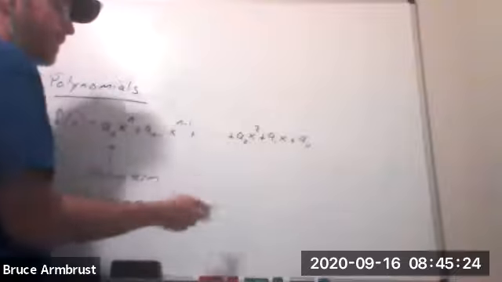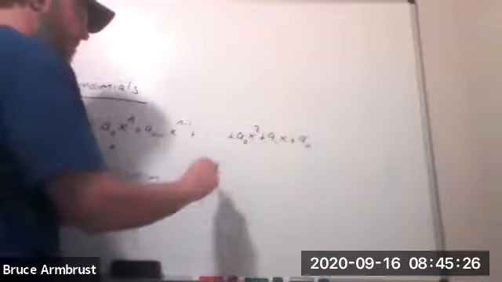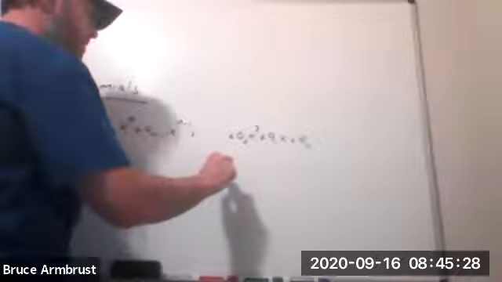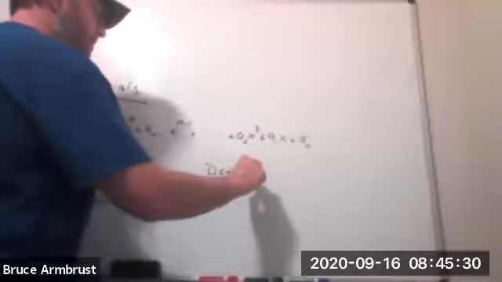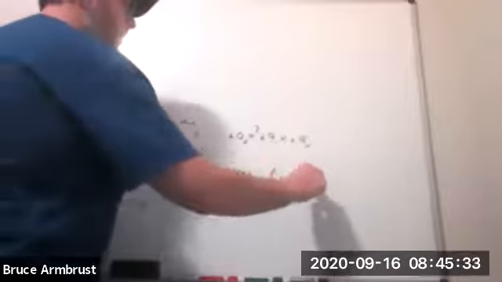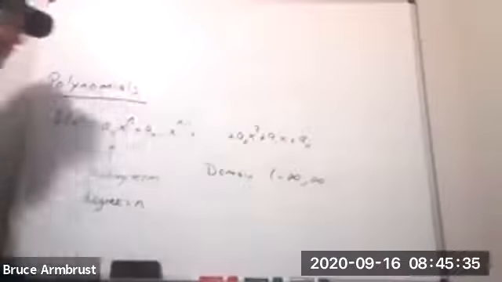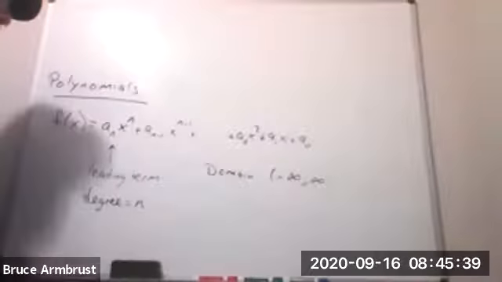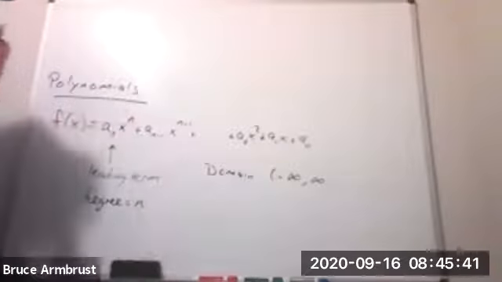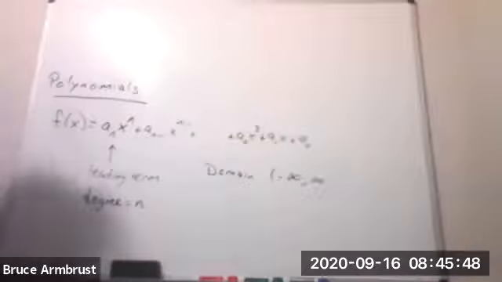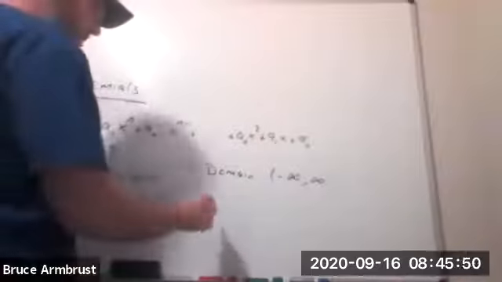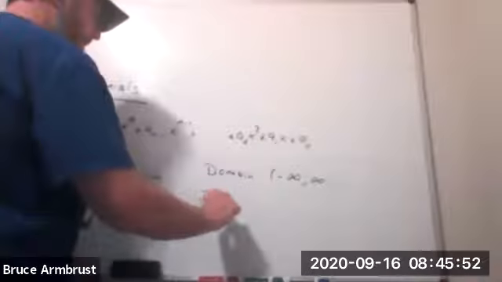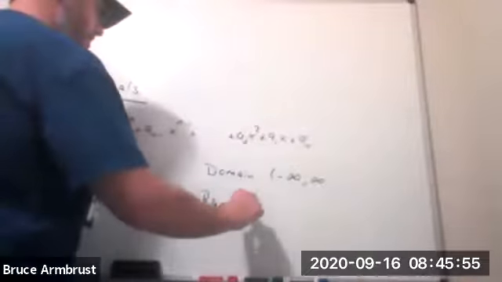Let's talk about some of the other things we've talked about, domain and range and all that. So the domain for these is all real numbers. It doesn't matter what polynomial you've got. It can be any kind of degree. You can have any numbers there for your a's, but the domain is always all real numbers. Now, the range is a little bit more difficult because it depends on n.